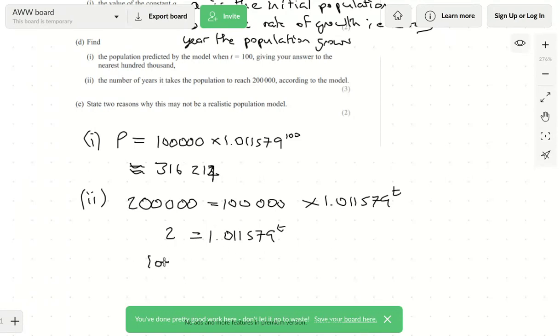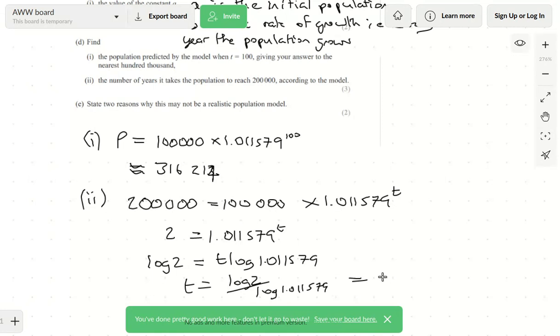Well, that's what logs are for. You'll probably do it a different way to me. I do it like the old way. I just take logs, base whatever you like really, of both sides, and I bring the power down, and therefore t is log 2 over log 1.011579, and that comes to, let's have a look.